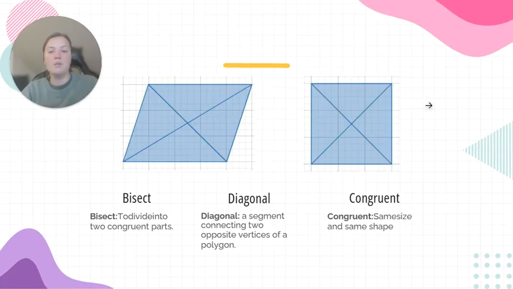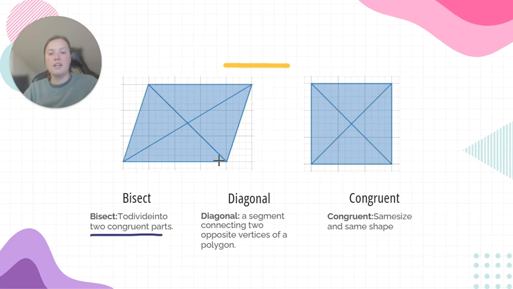Up next, we want to talk about bisects and diagonals, or bisectors and diagonals. So for something to bisect a line, it means that it splits it into two congruent parts. The word bisect is something that we've used a lot, right? We've used angle bisectors, segment bisectors, but to bisect is to divide into two parts.